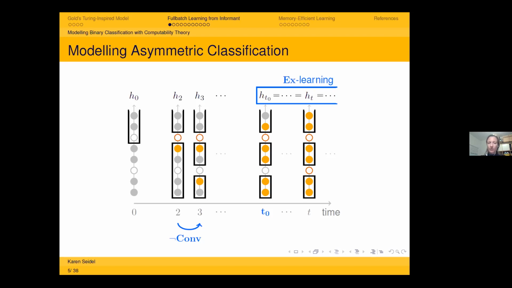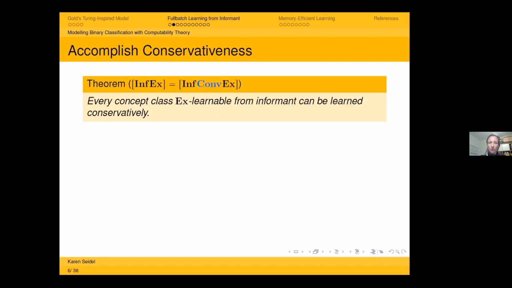Can we find collections of languages? For example, the example I talked about was the collection of all personalized spam classifiers, and there are more general collections. The question is, can we find such a collection of languages that is learnable in general, but not in a conservative way? And what we showed is that the answer is no for this model.